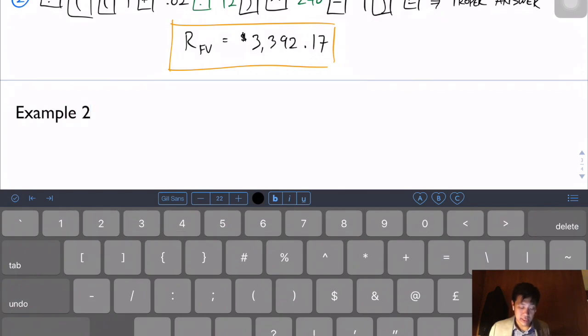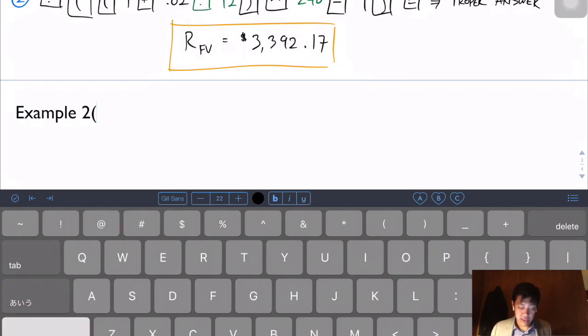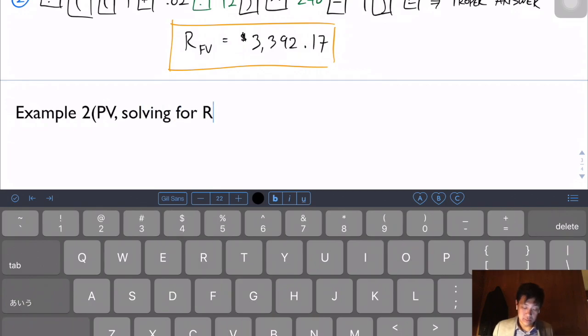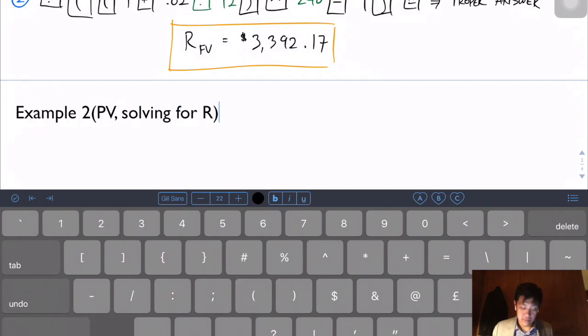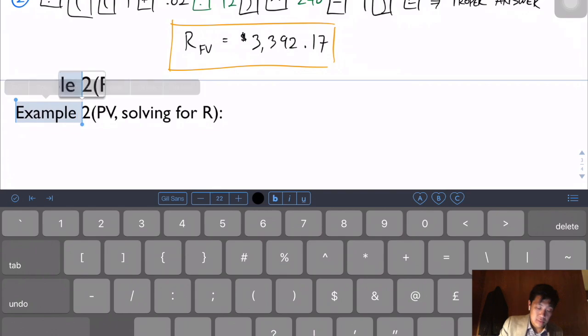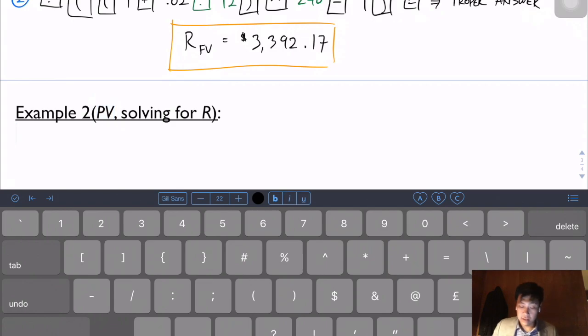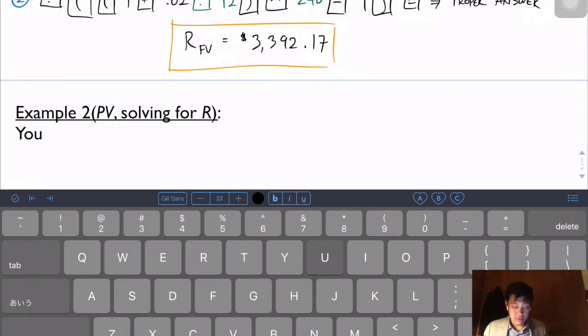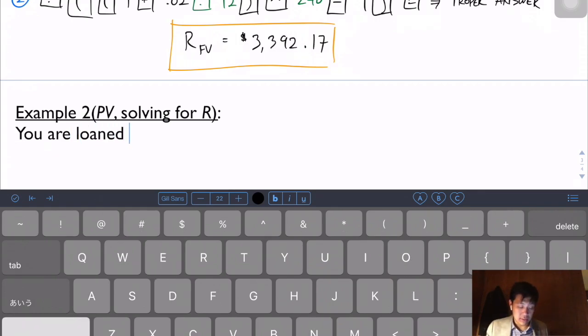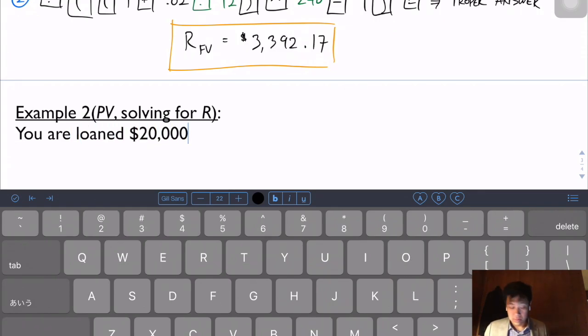example 2, and again, this is a present value solving for R as well. And the example will say something such as this. You are loaned $20,000 for university studies.